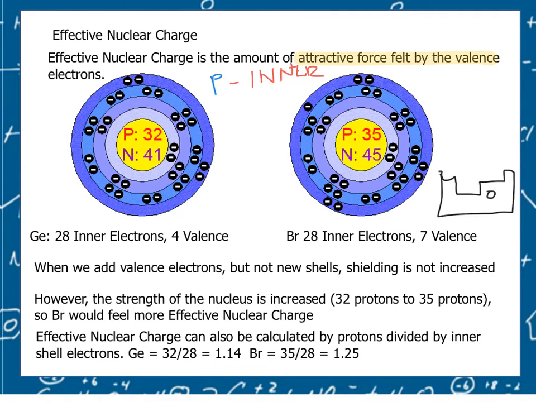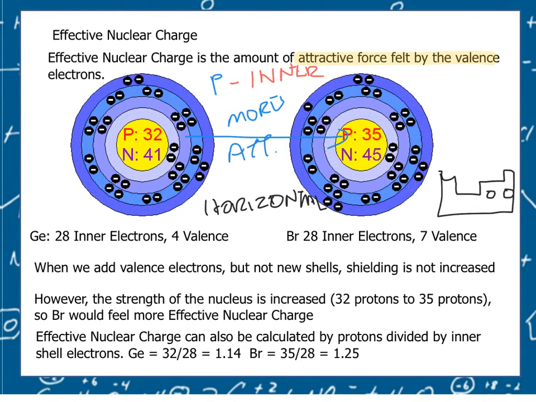So I was comparing Ge, and now I picked Br. Same row. So on this page, we're making a horizontal comparison. Let's look at what is the same and what is different. The protons have increased, so we've got more attraction.